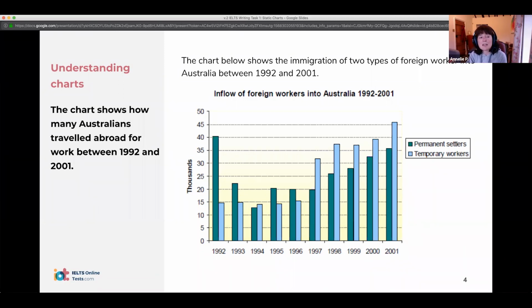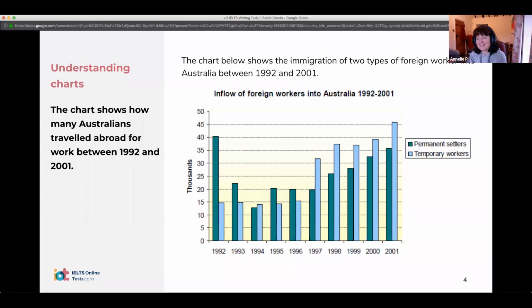So have a look at this one. The chart shows how many Australians traveled abroad, with the timeline being 1992 to 2001. Red one says false. Everyone agree with that one?